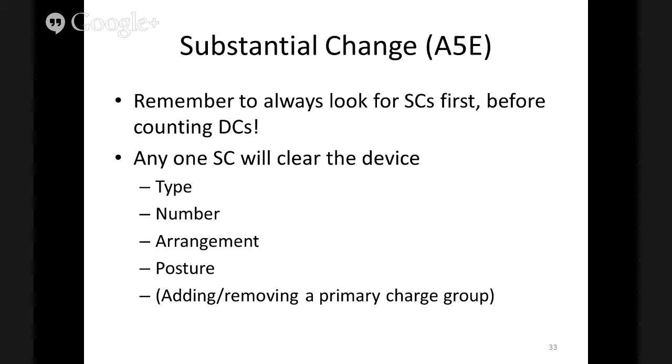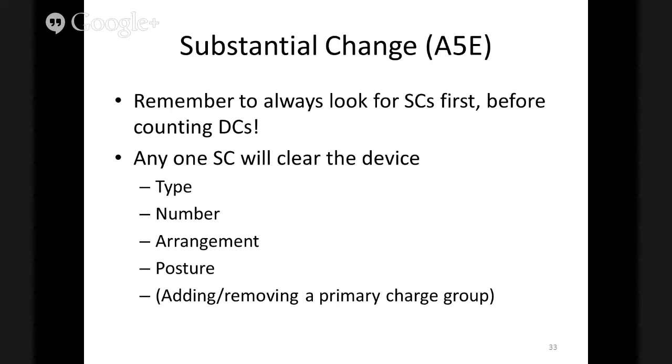You always, always, always want to look for the substantial changes first. I frequently see people arguing over, well, do we really have a second DC, when there's a substantial change? If you have a substantial change, unless you're doing it for teaching purposes, don't bother with the DCs. Substantial change, clear, move on.